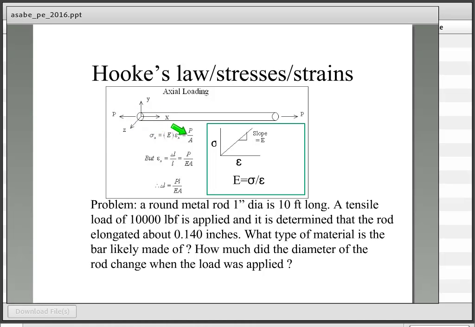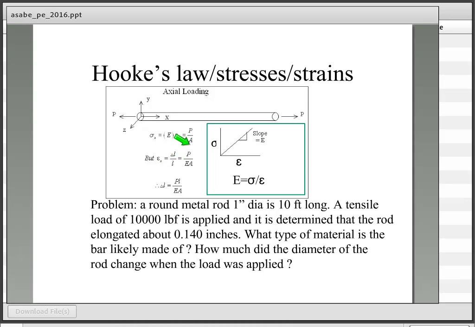And we also know that that is the force divided by the cross-sectional area. We also know that the strain is defined as the change in length over the original length.